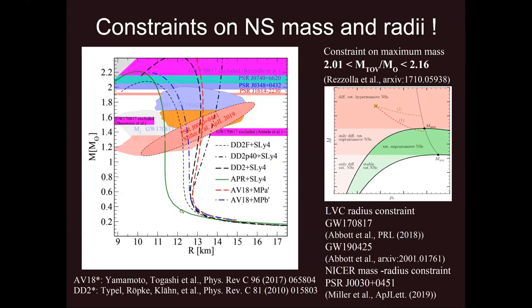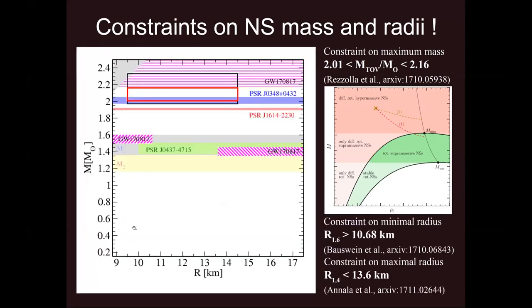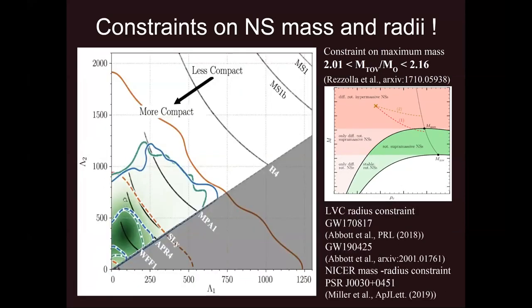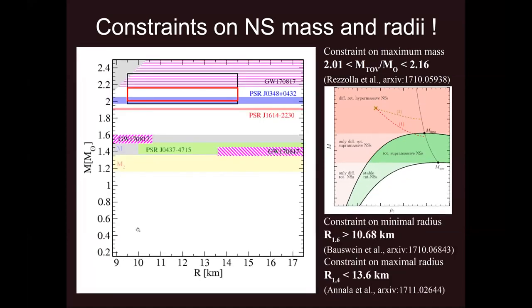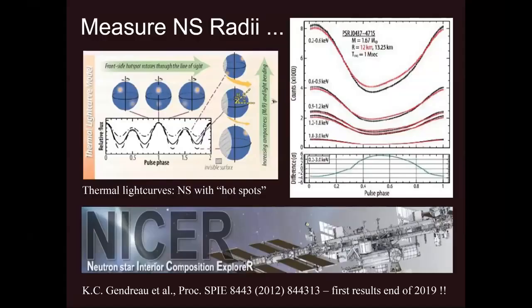If we include the short-range multi-pomeron function, then we spoil our nice correspondence which we had with the APR equation of state with the low values for the tidal deformabilities. And this is the ansatz here. Quark matter can help.